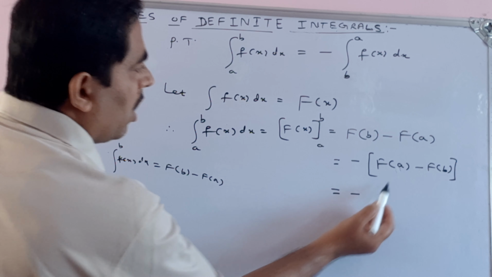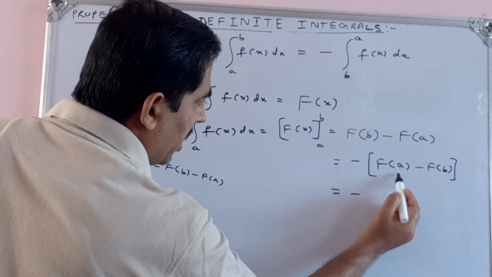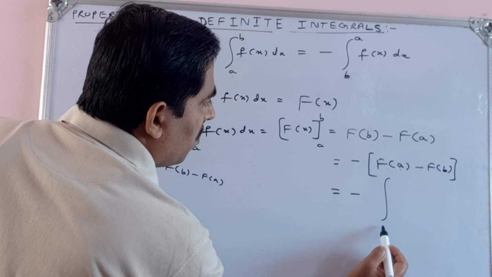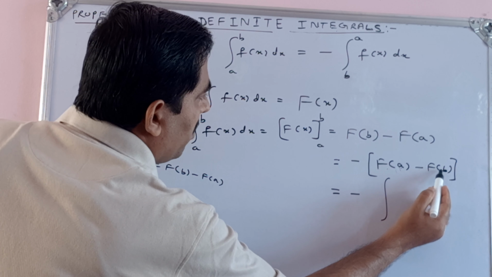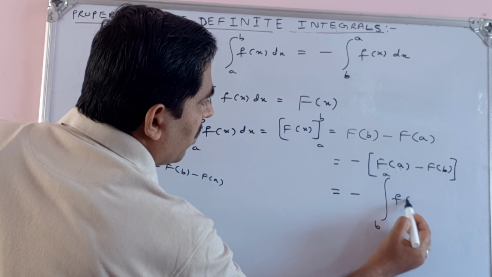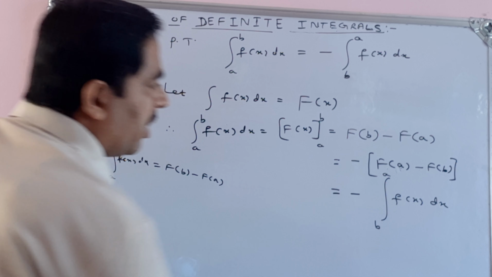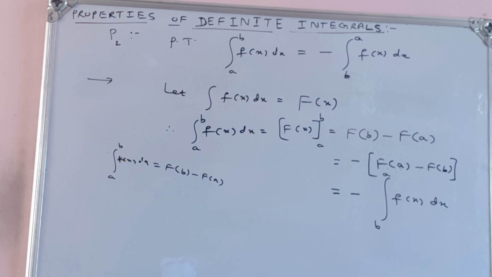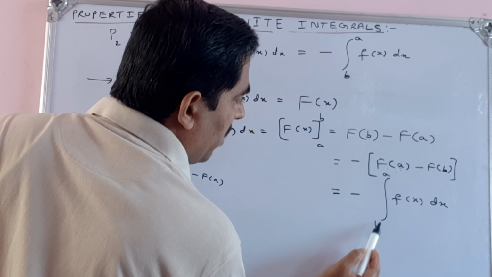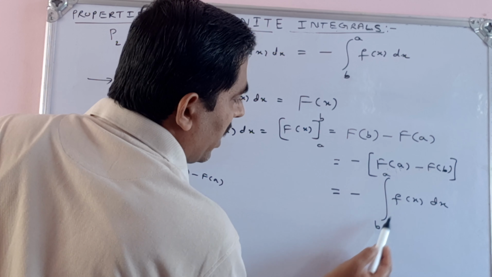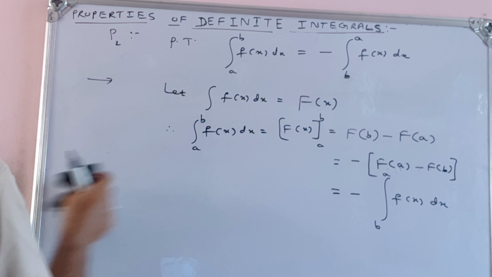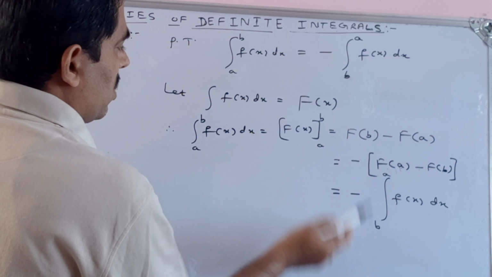We use the same definition here. F of a minus F of b indicates the integration with upper limit a and lower limit b of the function f of x dx. The value of the antiderivative at the upper limit minus the value at the lower limit. So this is our RHS.